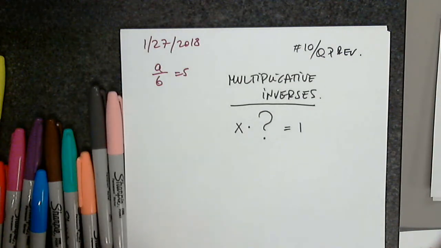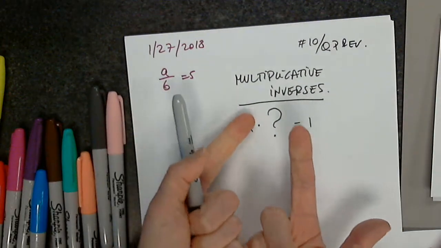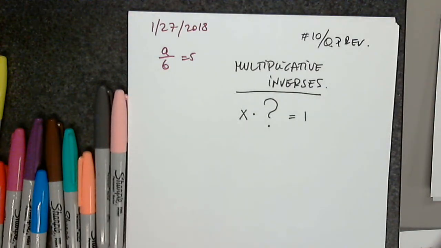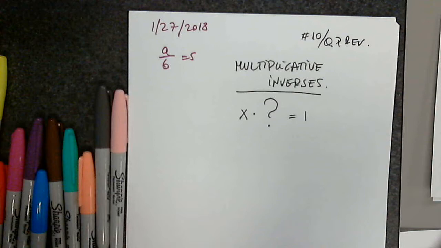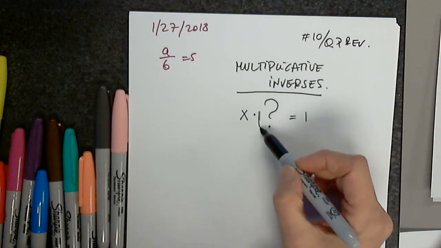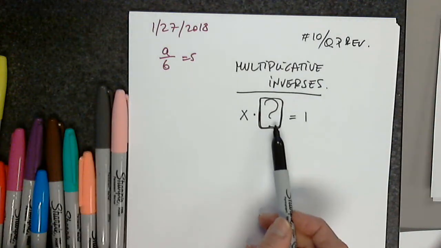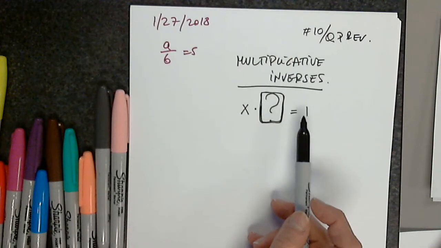If I find this number that I multiply x by to get 1, these two numbers are called multiplicative inverses or reciprocals of each other, whichever name you want to give them. So what can I have? What should this number be in order for the product of x times that number to be 1?